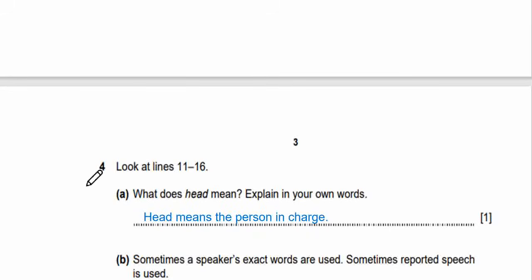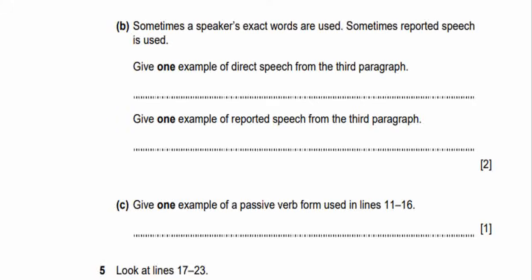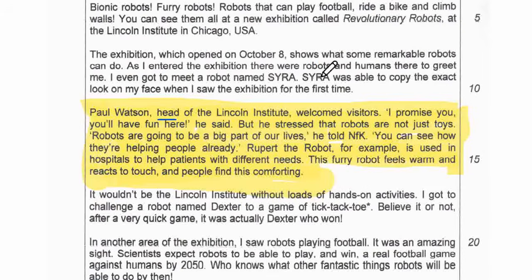Next, we move to question 4b. Sometimes a speaker's exact words are used. Sometimes reported speech is used. Give one example of direct speech from the third paragraph and give one example of reported speech from the third paragraph. Now let's check the third paragraph. The direct speech will be with quotation marks: I promise you'll have fun here.